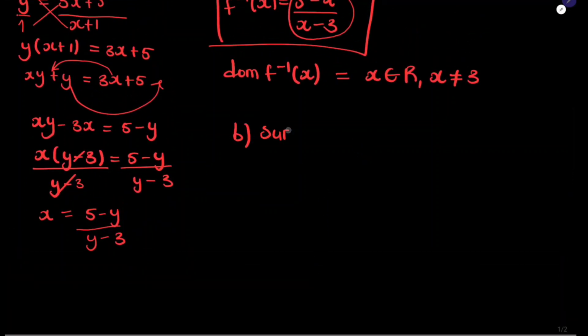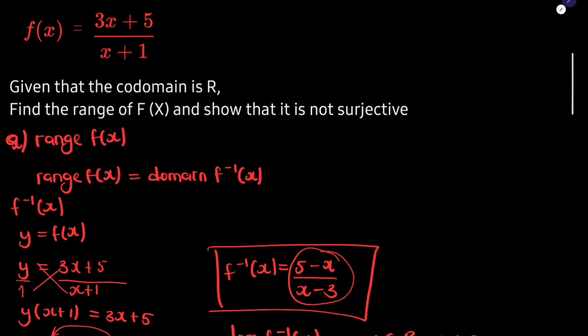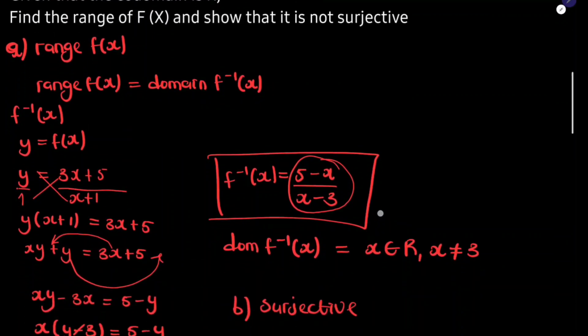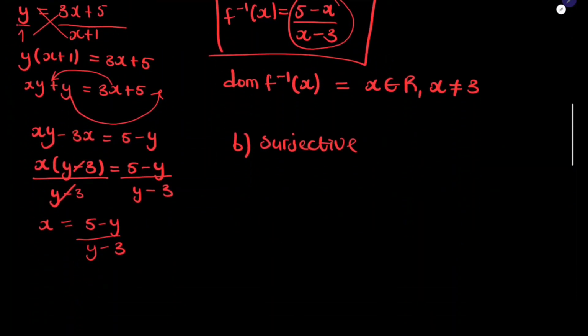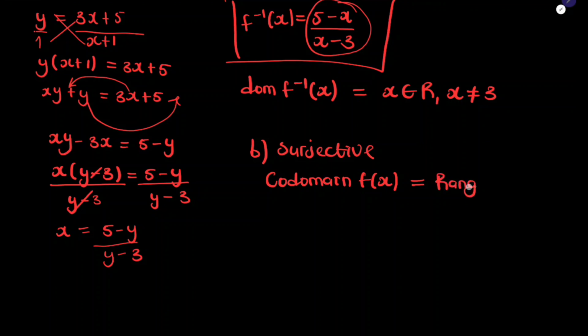So let's go to the second part, B. The second part we have to show that f of x is not surjective. Okay, first of all, for f of x to be surjective, the codomain of f of x should be equal to the range of f of x.